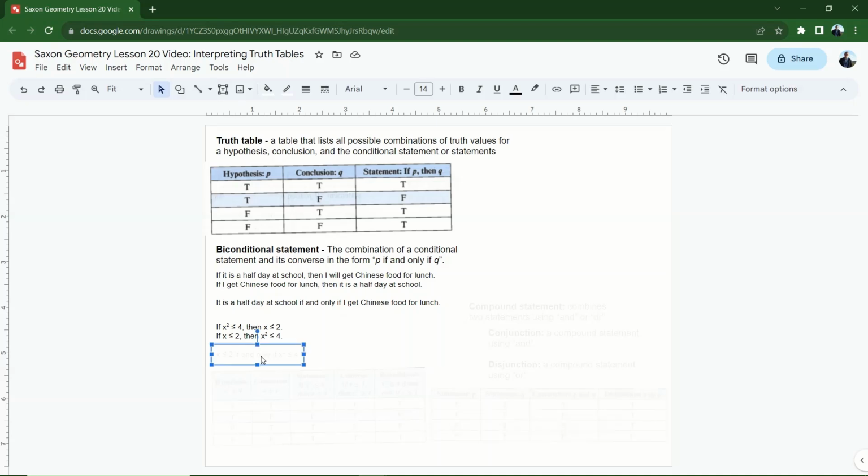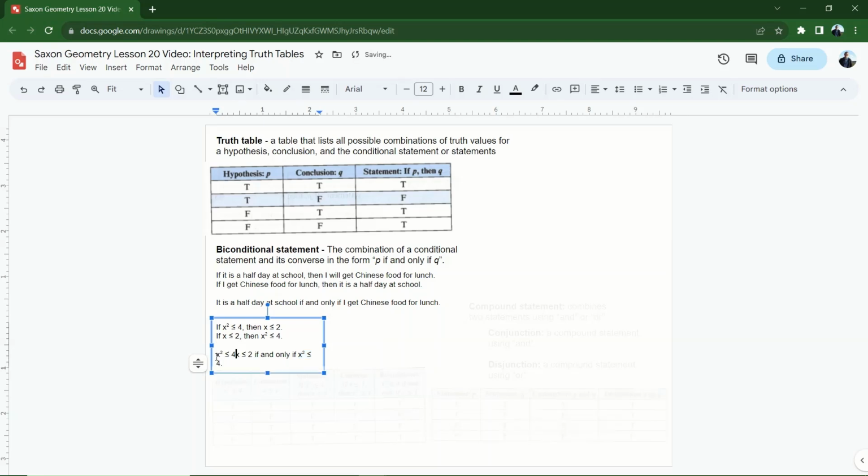Here's the biconditional statement of this. X is less than or equal to 2 if and, hold on a second, I notice I have this switched around. It needs to, and this is instructive, so I'm going to keep this in the video, but it needs to look like the original statement. Okay, so it needs to look in the same style as the original statement, not the converse.